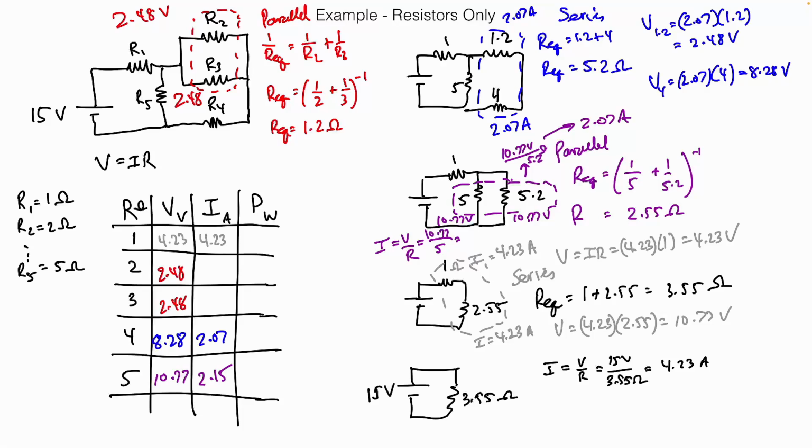And now I can just do, to find the currents, V over R. And when I do that, I got 1.24 and 0.83. So I have found the voltage and current for all of the real circuit elements in this circuit.